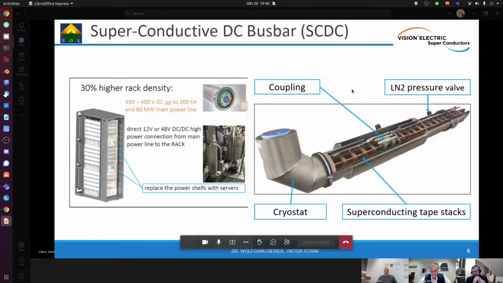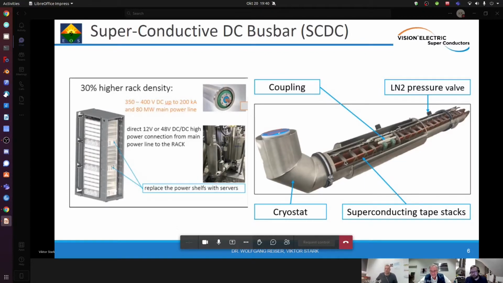As you can see, that's a module. You can realize bending radii as you need them. It is a double-walled steel cryostat with vacuum between the two walls for isolation reasons. And in there you have the superconductor tapes or the stacks.